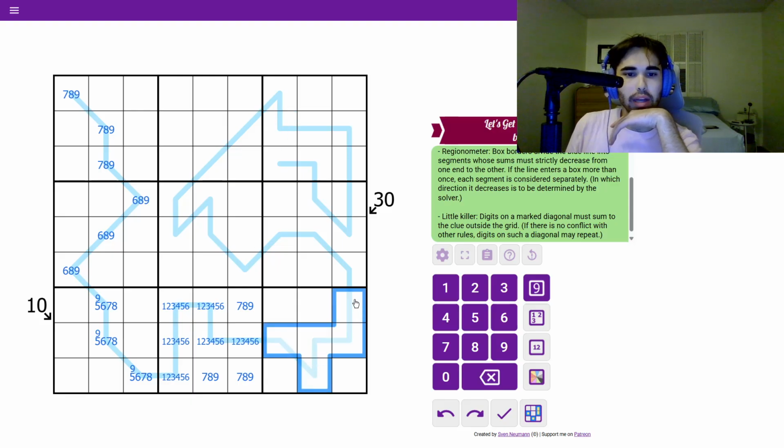It's 19 or 20. Doesn't have to include a 1. It almost does. If it's 20, it doesn't have to include a 1, because it could be 2, 3, 4, 5, 6.